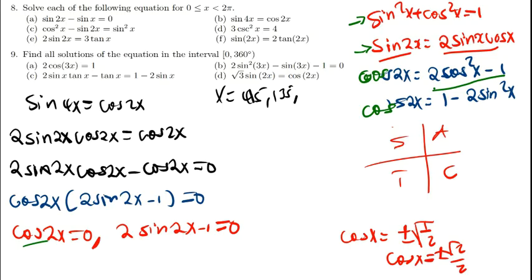In the third quadrant, we do 180 plus 45, which is 225. The last one, 360 minus this, should be 315.